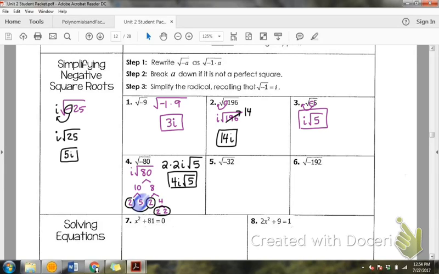Okay, try that on number 5. Breaking 32 down. This is kind of a big tree.